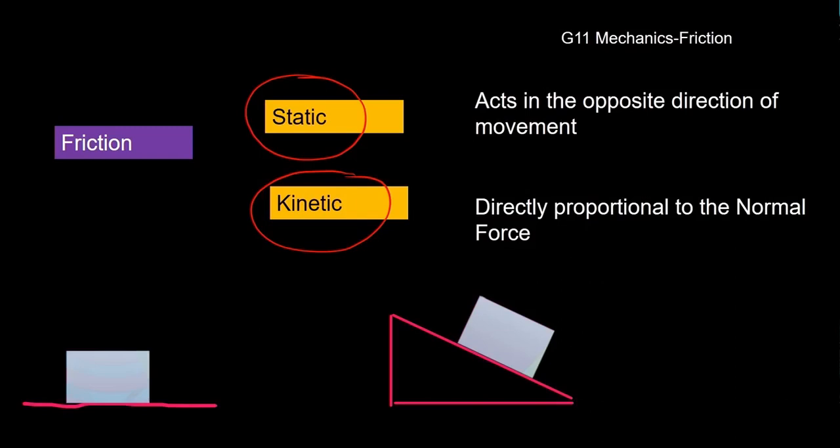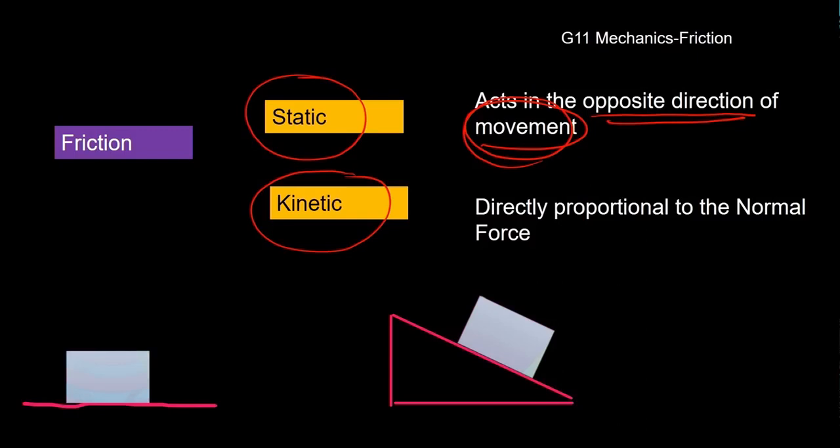It is very important that you learn this, because it acts in the opposite direction of movement. Okay, so it is opposite to motion. When we answer questions, we need to ascertain what direction the object is moving in.